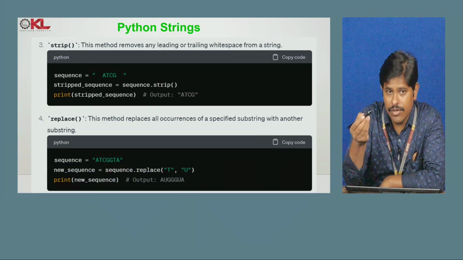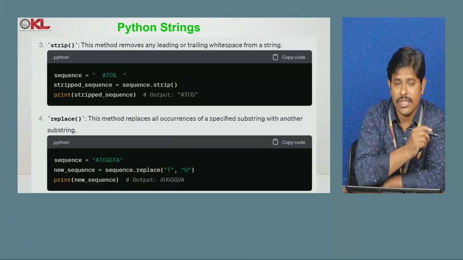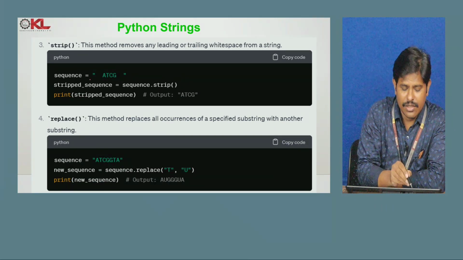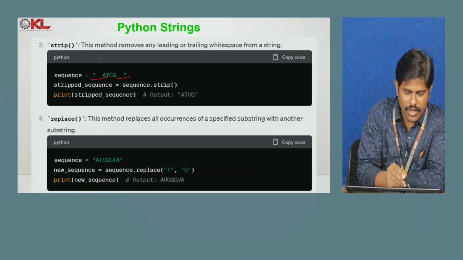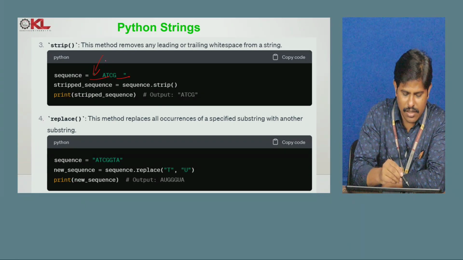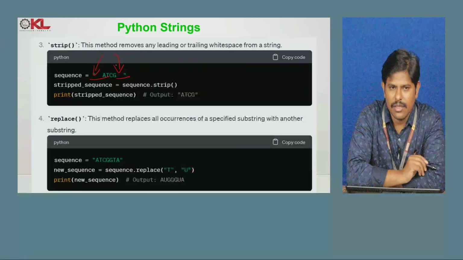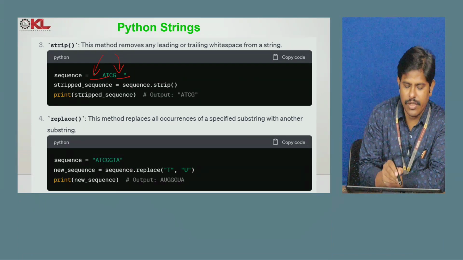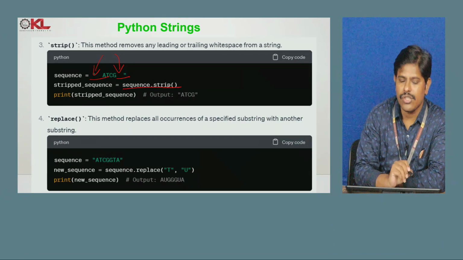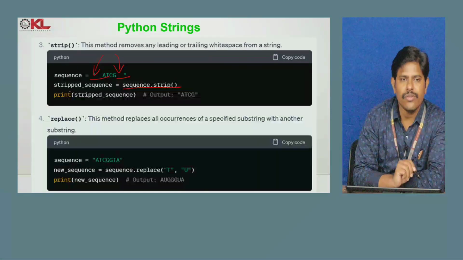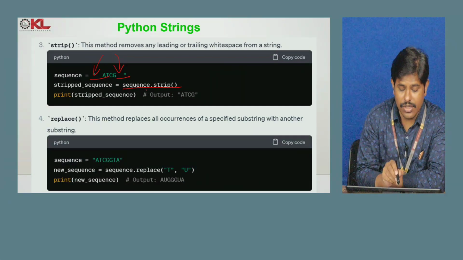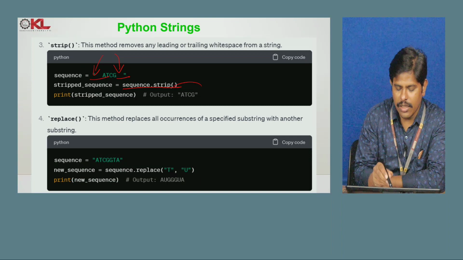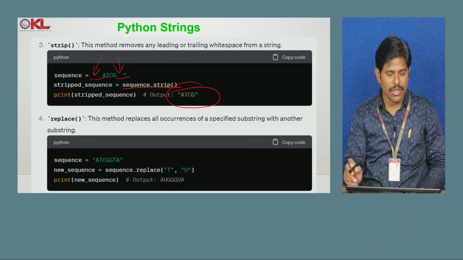Suppose you give a string input to your sequence, in this case ATCG, with leading and trailing spaces. These can be removed using the strip method. You need to say stripped sequence equal to sequence dot strip, and the spaces will be removed and the output will be ATCG on the screen here.